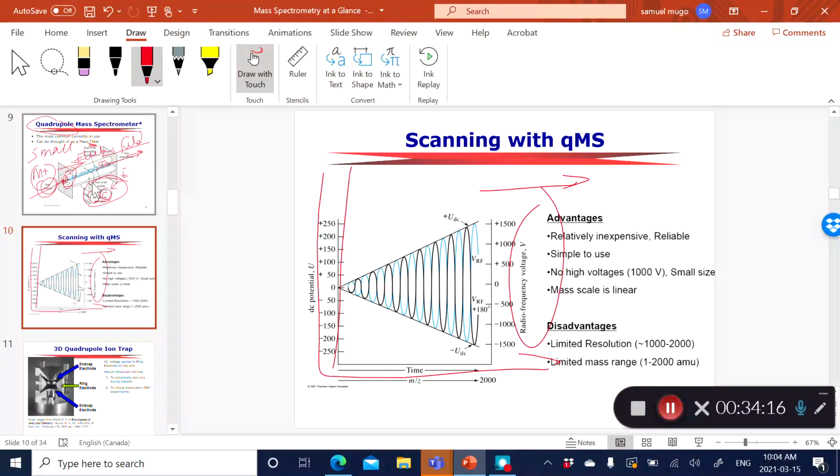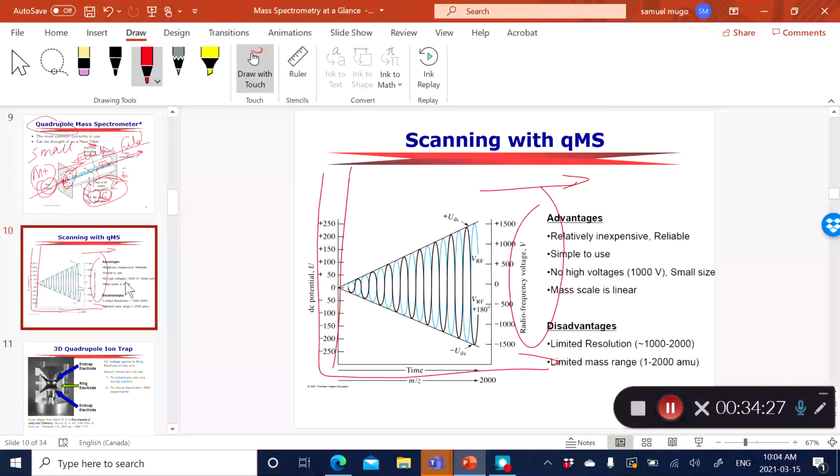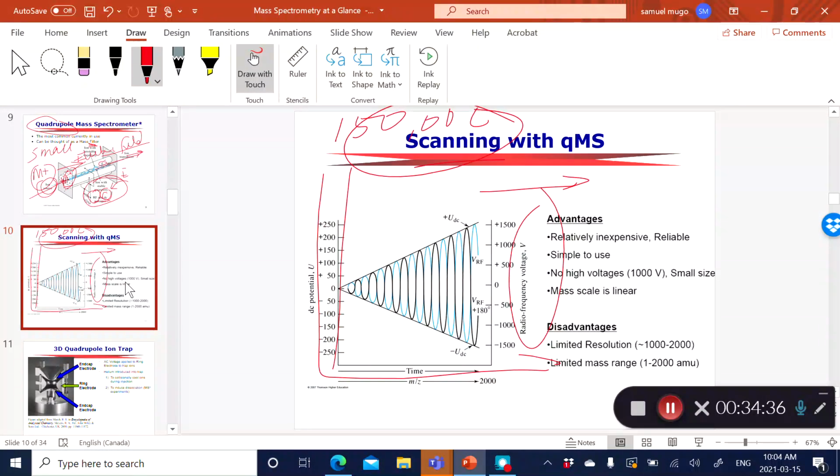So again, as I said, one huge advantage of the quadrupole is the fact that it's fairly small. You can easily miniaturize it, and the instrument typically is not very expensive. Somewhere around $150,000, you can get a quadrupole mass analyzer. Now, one disadvantage of the quadrupole mass analyzer is that its resolution is poorer.